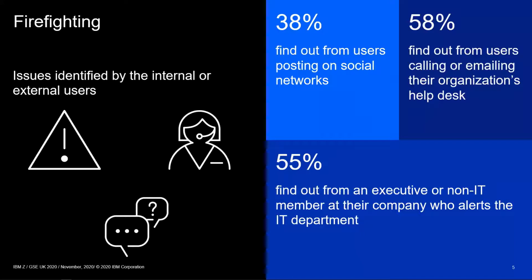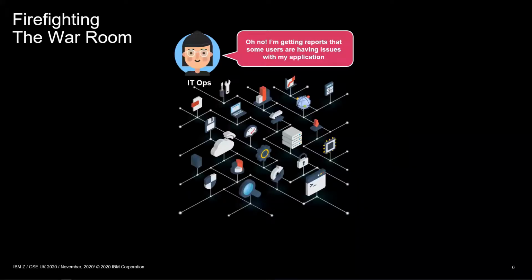And this is really the last place that we want to be notified of issues that have happened in our system. Because what this ultimately leads to is, and I'm going to go through some of our personas and what we've done here before I get down to the technology, our IT ops person is getting reports that there are problems with the key business application.